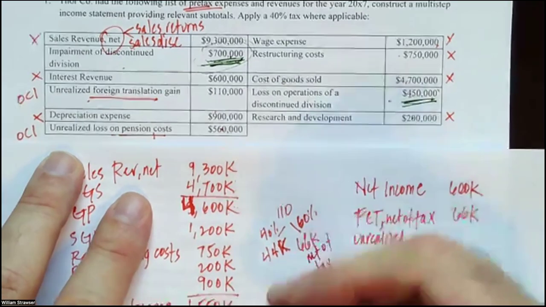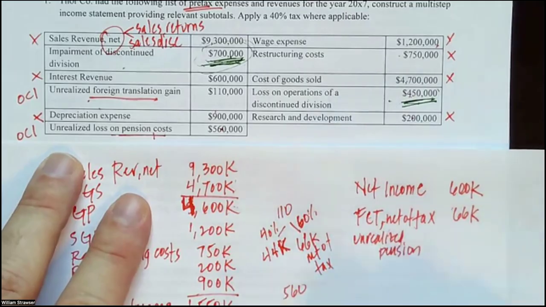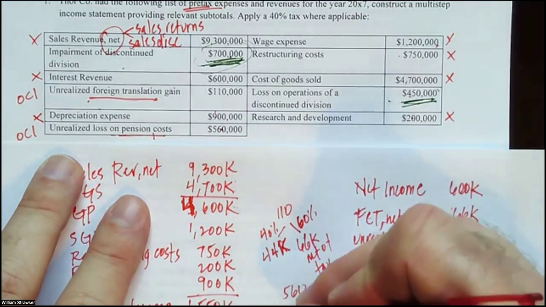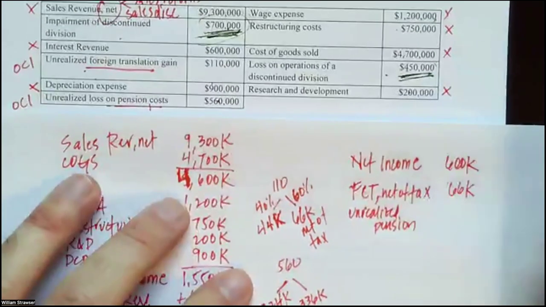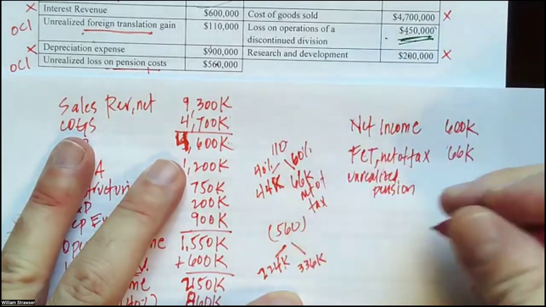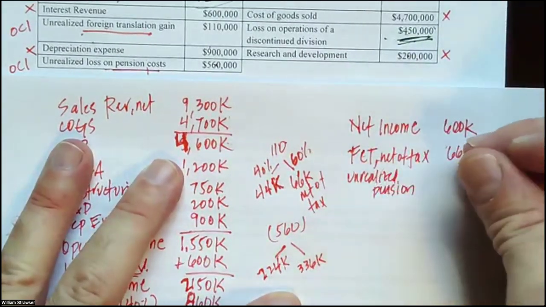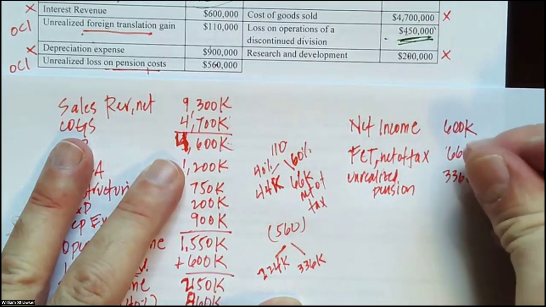And 40% of 560 is 224,000, which makes the remaining portion 336,000. That is a loss. Remember, that other one was a gain, and we have a $336,000 loss.